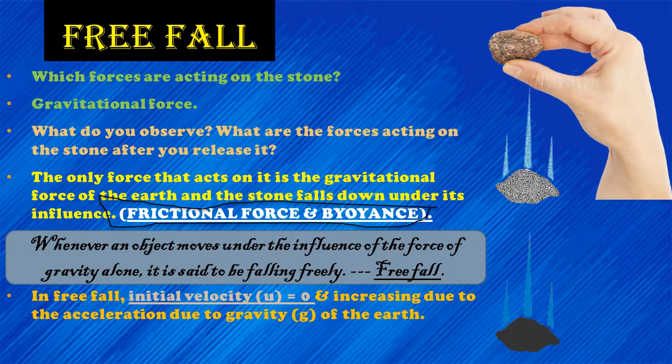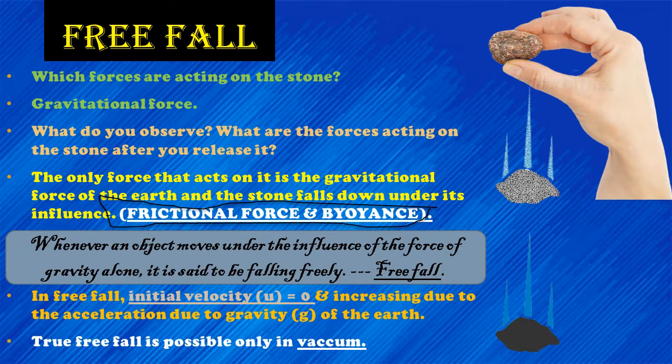Due to this, the stone cannot move freely. Vacuum is a place where no other force acts on the object apart from the gravitational force of the earth, and that's why free fall is possible only in a vacuum.